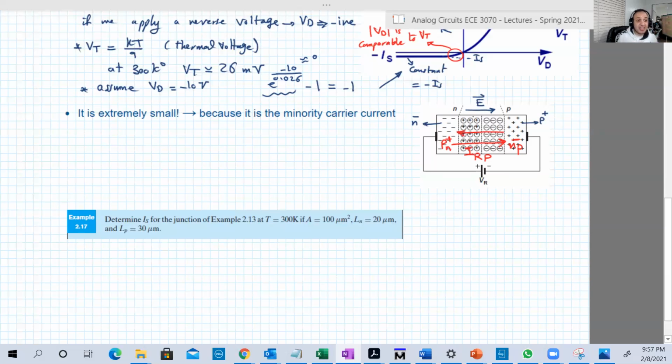So they will make a current, but this current is in the opposite direction as well, so this is I reverse N. So I reverse N and I reverse P are both in the same direction.